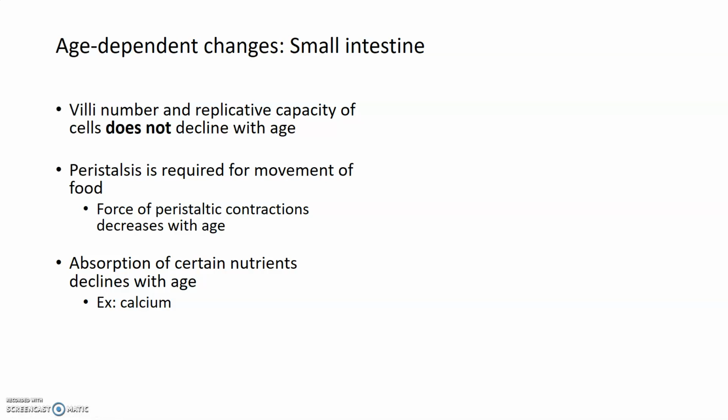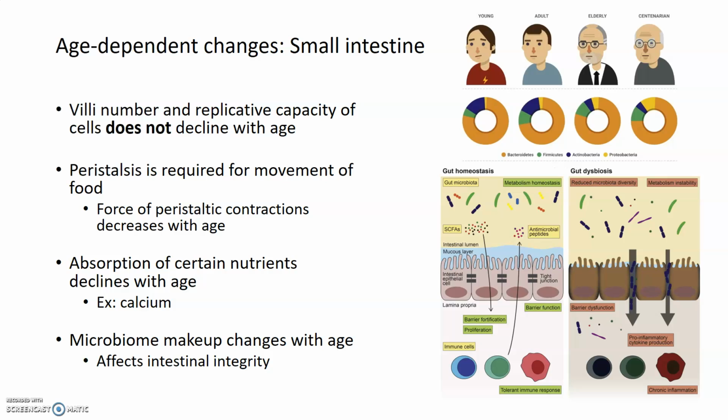And so it actually might not be a detriment to an older individual to have a slower peristalsis, because if absorption is declining, having the food available to the absorption machinery for longer might be advantageous and might actually overall be why we don't see a major defect in absorption in aging individuals.